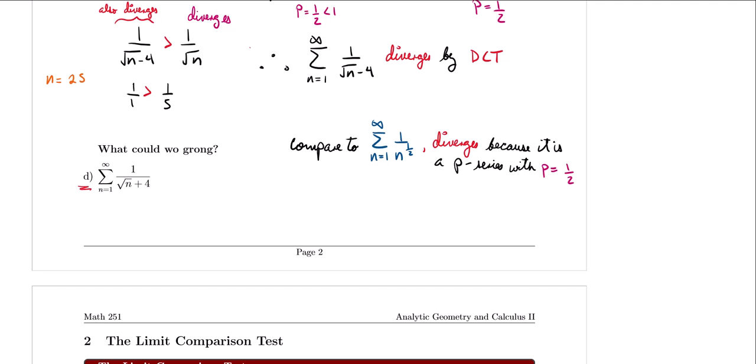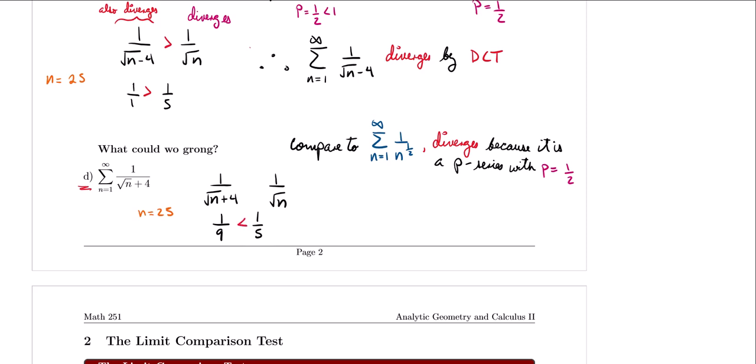Okay, now which one is bigger? Is the 1 over the square root of n plus 4 bigger than 1 over the square root of n? And again, if we repeat the same value of 25 for n, so just to compare it here, we would see here that now we would get a 1 over 5 plus 4, so we would get a 1/9 and a 1/5. Now which one is greater?